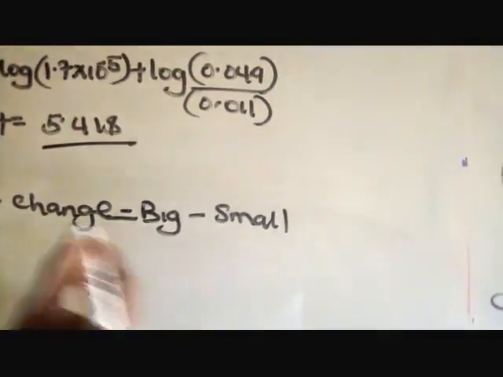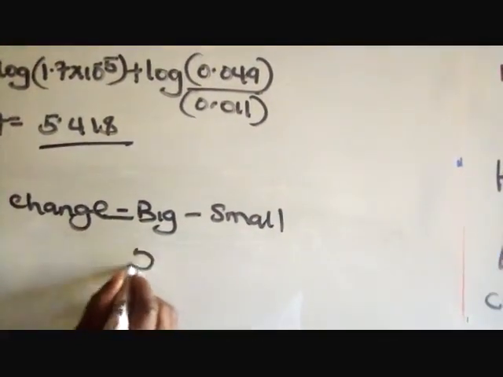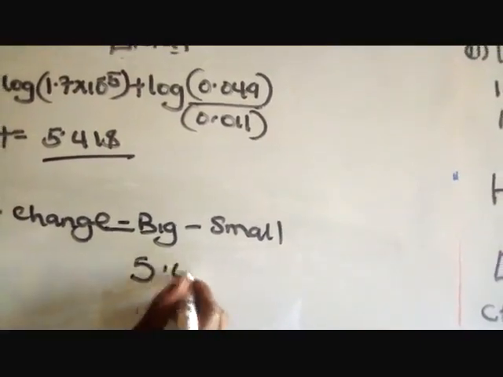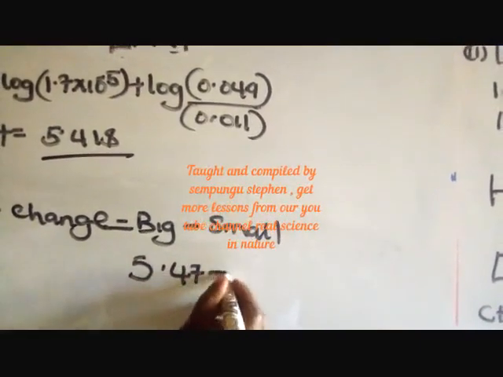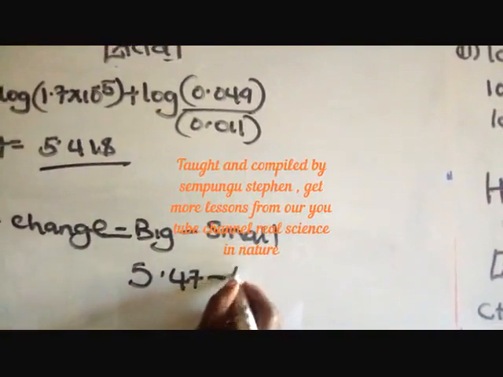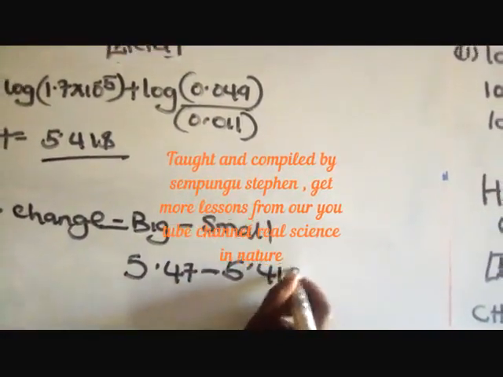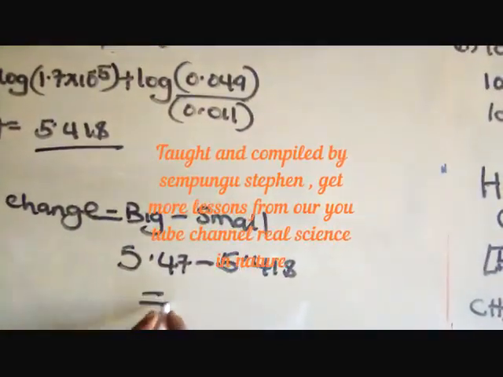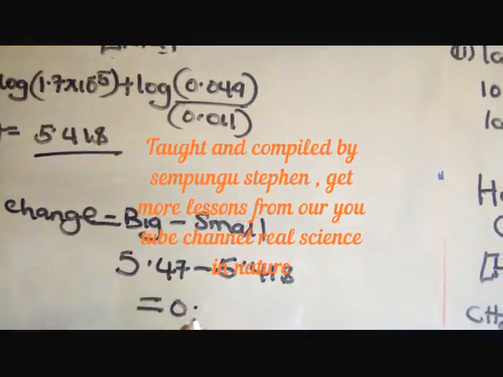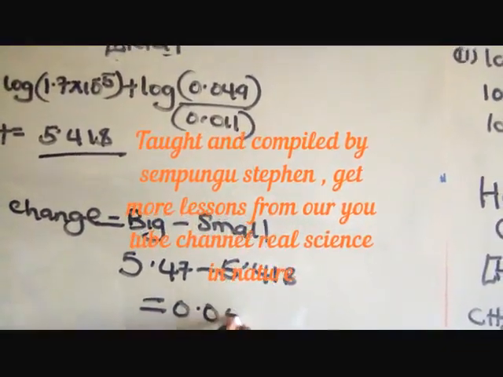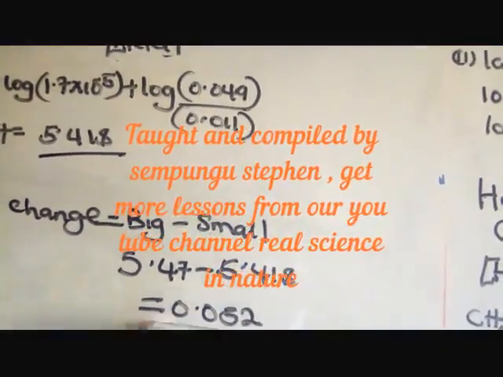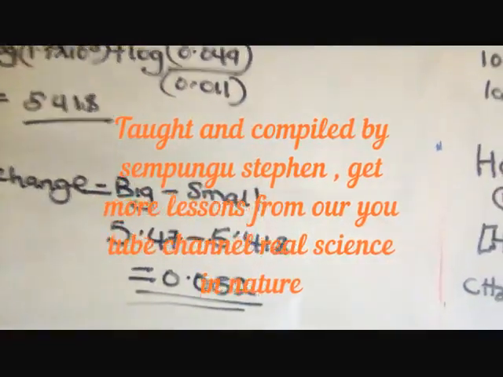Remember our big value, it was from part A, 5.47, then minus the one which you have got here, that is 5.418, and here we obtain our 0.0552 units as our new pH.